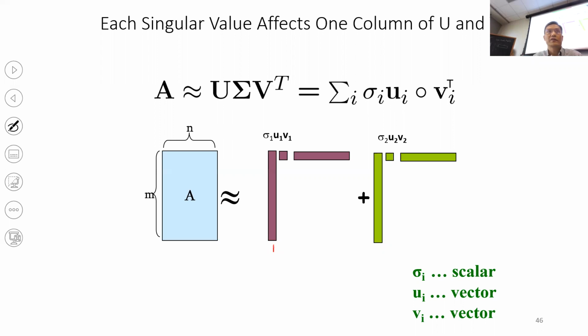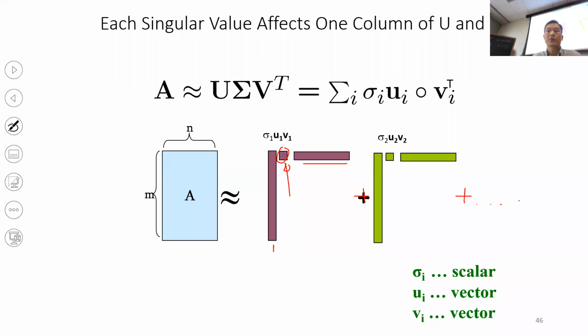So you write the first vector of U, and the first value of the sigma matrix is just a single value, not a matrix anymore, multiplied by the row of the V matrix, plus the second component.